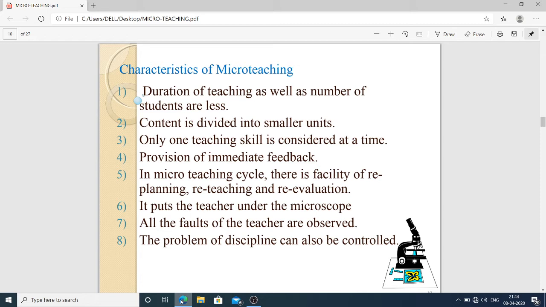Then there is provision of immediate feedback, which is easy for the teacher also. In the micro teaching cycle, there is the facility of replanning, reteaching and re-feedback. It puts the teacher under the microscope to improve the teacher's skills. All the faults of the teacher are observed. The problem of discipline can also be controlled.